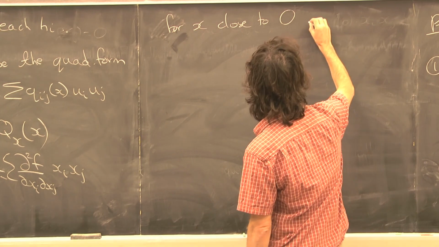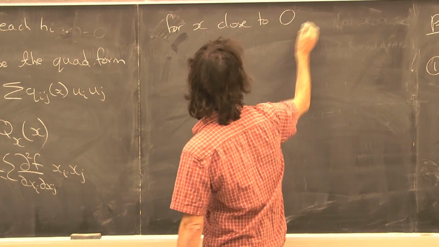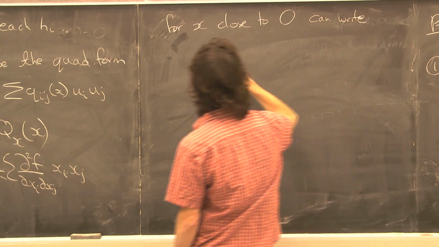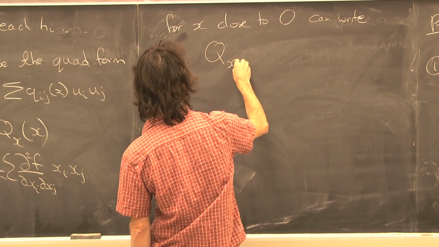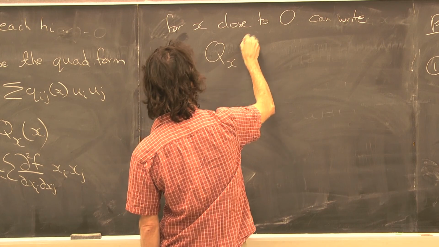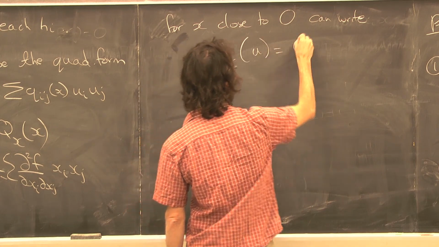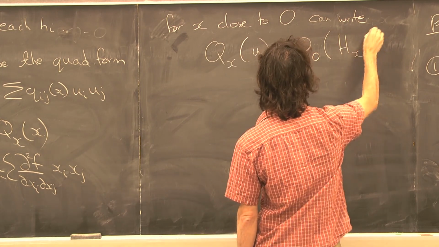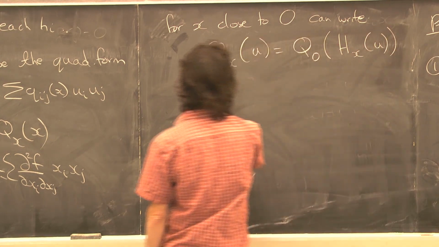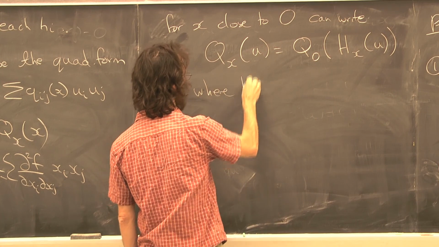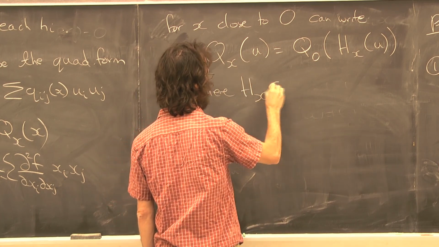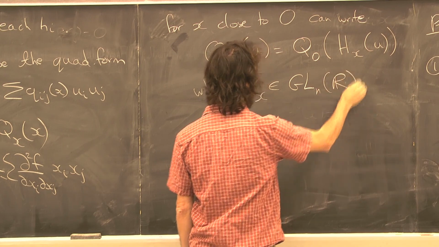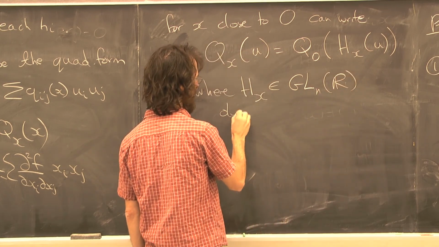For x close to 0, I can write q sub x of u as really q sub 0 of h sub x of u, where h sub x is a linear transformation, varying smoothly depending on x.